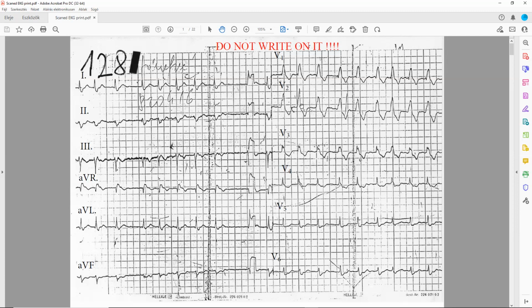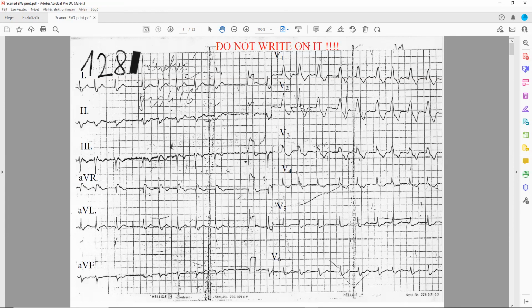So there are two possibilities, right bundle branch block or left bundle branch block. How can you decide which bundle is blocked? You have to look at V1 and V6. You have to look at the right side leads and the left ventricle leads.